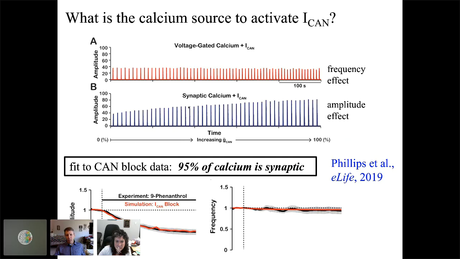There are two possible ways that you can actually get this calcium coming into the postsynaptic cell. Okay, one is through voltage-gated calcium channels, and another is through the calcium that's associated with synaptic inputs. And if you think about it, the first of these only causes a change in frequencies of the bursting population, because you have to already be active for this voltage-gated calcium to kick in.